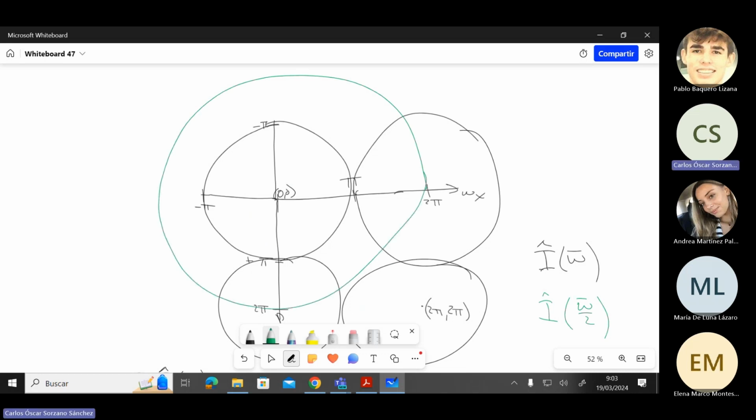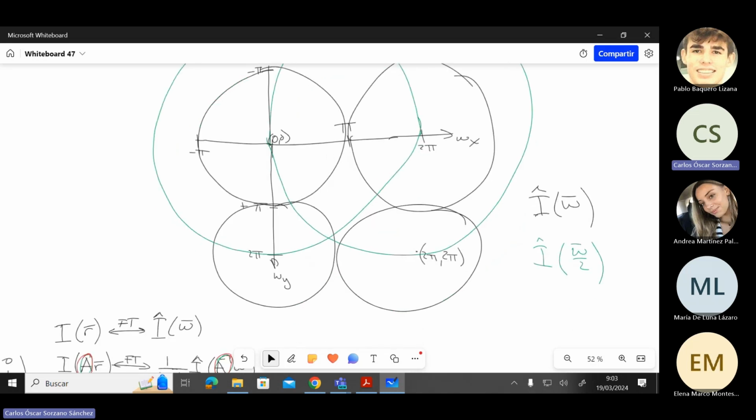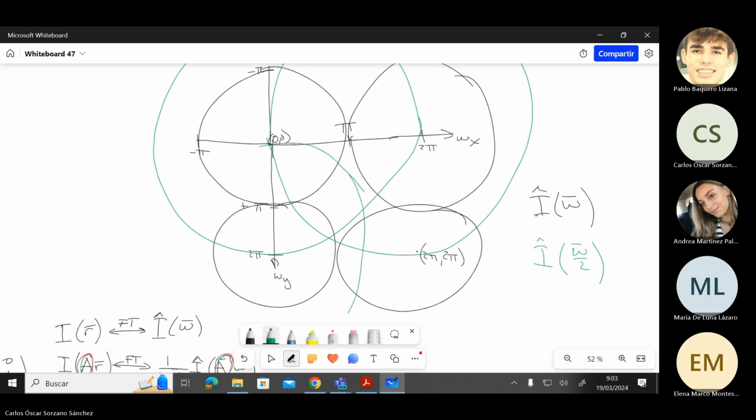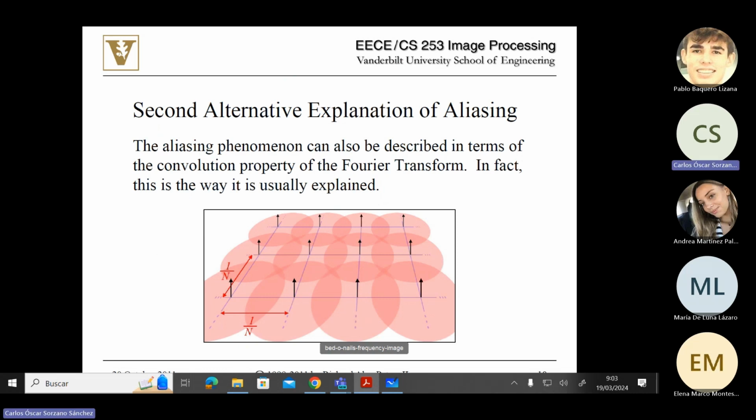But this one will also be bigger. And then everyone is becoming bigger, twice bigger. So this one that goes to pi goes bigger, to 2 pi. But the effect is this one. Everyone now.